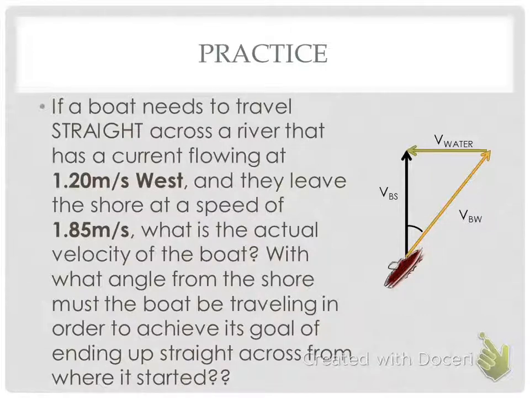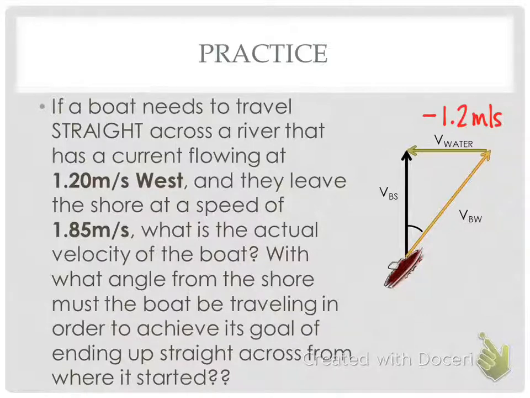Okay. What I'm looking at here is that my water current is pushing me west. So I've got a current that's traveling west at negative 1.2 meters per second. Okay, the negative just tells me west. I'm leaving the shore at a speed of 1.85 meters per second.